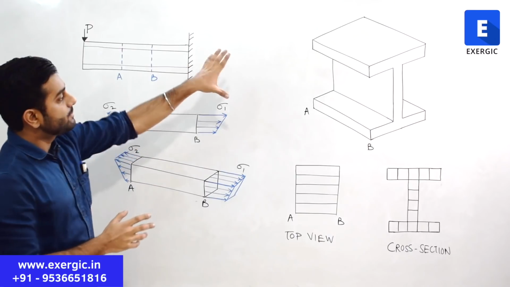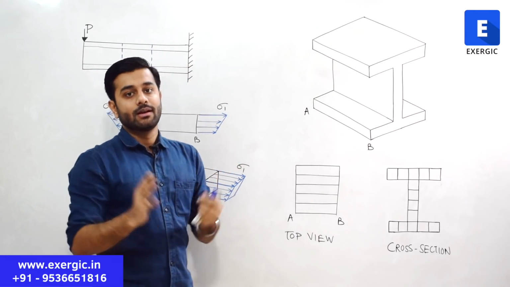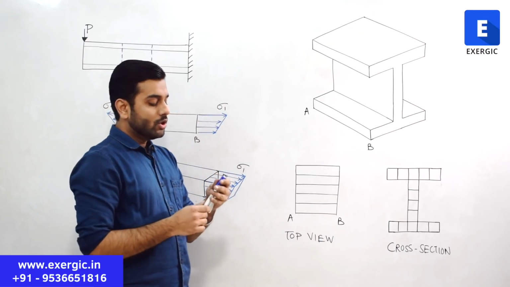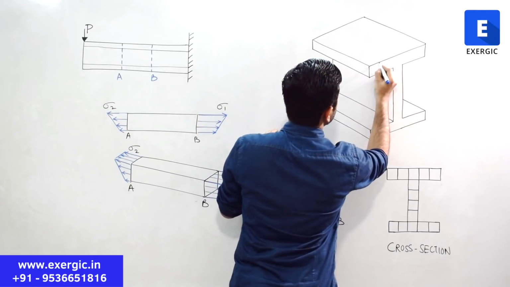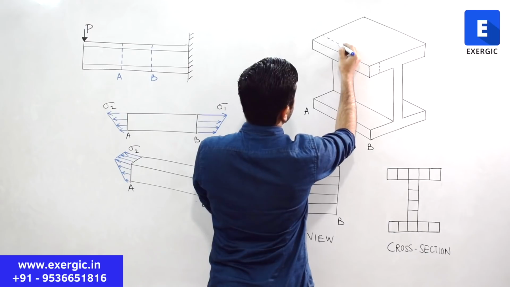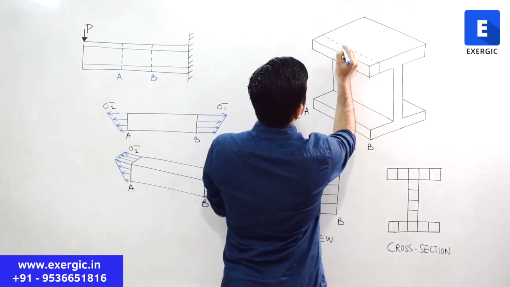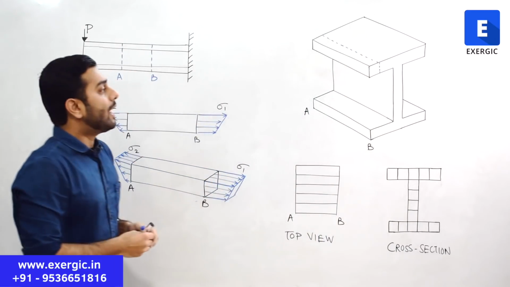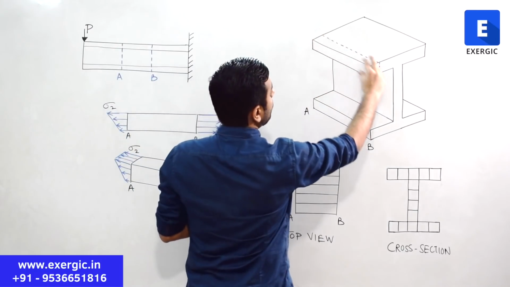Now, in this particular beam, I have shown the complete cross section. Only consider a small section of that. Let's pick only this section of the beam. Please carefully watch and listen to everything that I am telling here. Out of the complete beam, I have only selected this small portion here.